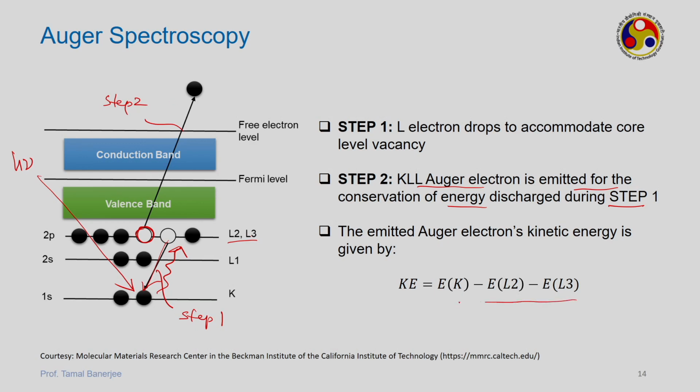It will be nothing but the binding energy of the K shell minus the binding energy of L2, minus the binding energy of L3. This is the kinetic energy of the Auger electron.